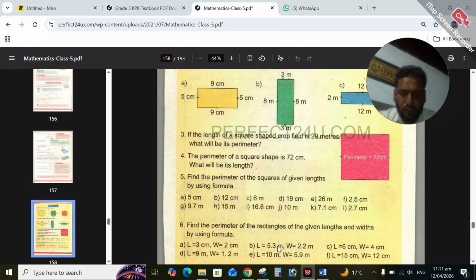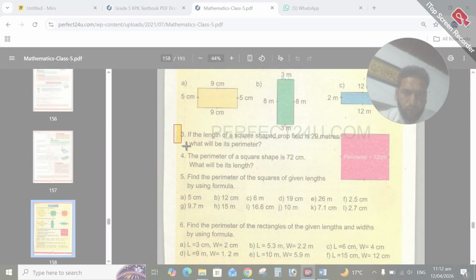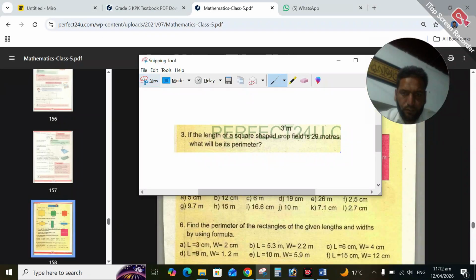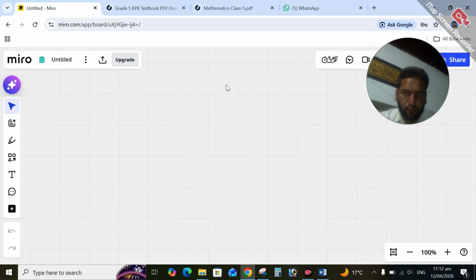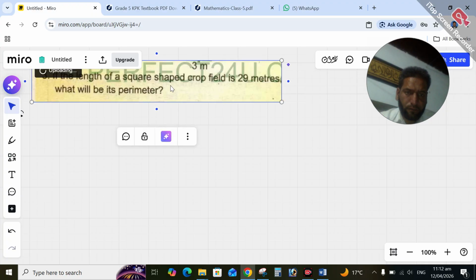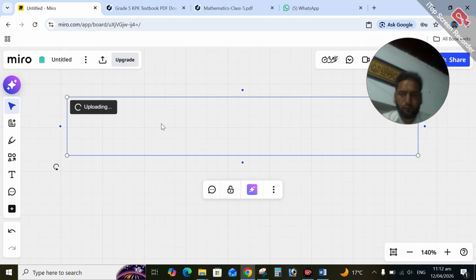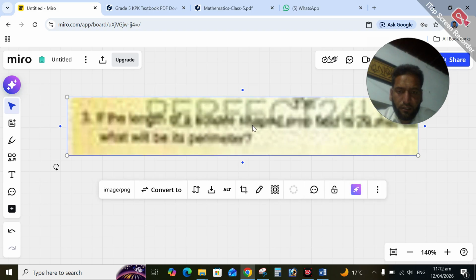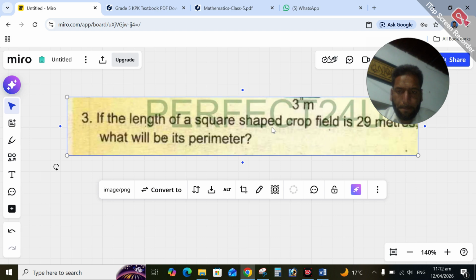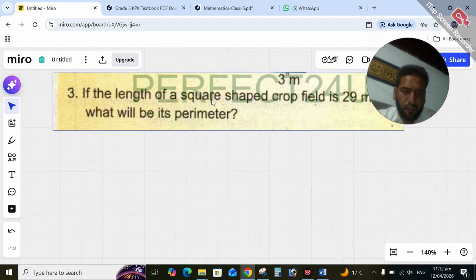Okay, let me solve question number 3. The statement of the question is: if the length of a square shaped crop field is 29 meters, what will be its perimeter?